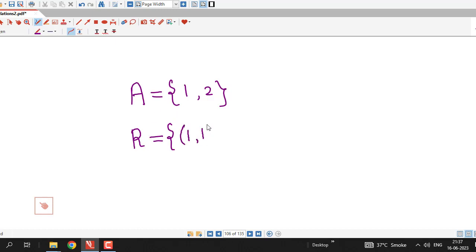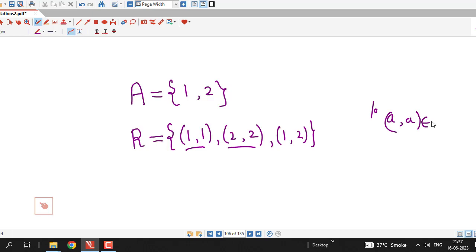For example, suppose we consider set A having two elements, say 1 and 2, and we consider some relation R on this set. So R is a subset of A cross A. Suppose I consider these elements (1,1) and (2,2) and say (1,2), then it is clear that this relation R is reflexive because it contains this type of diagonal elements.